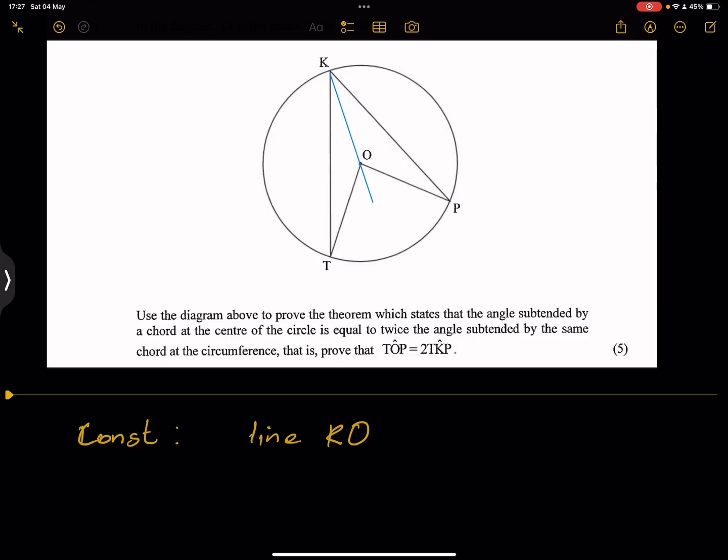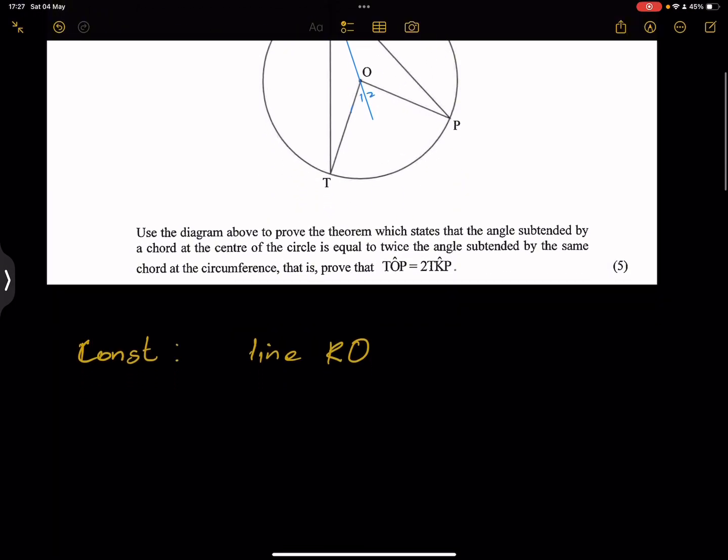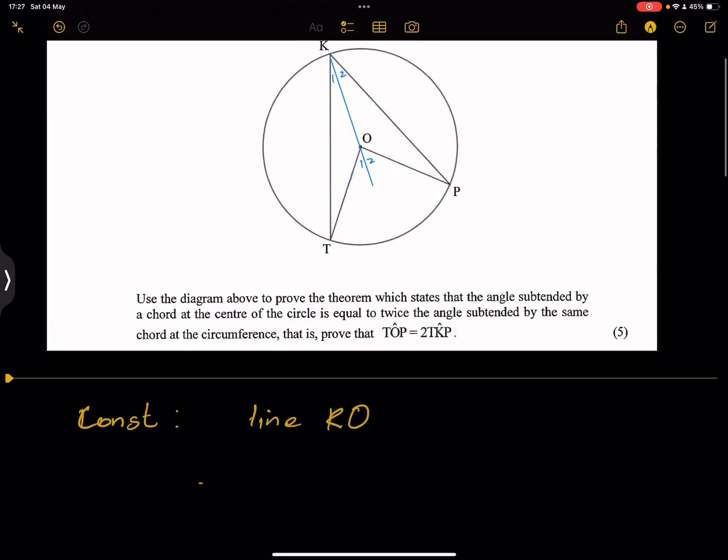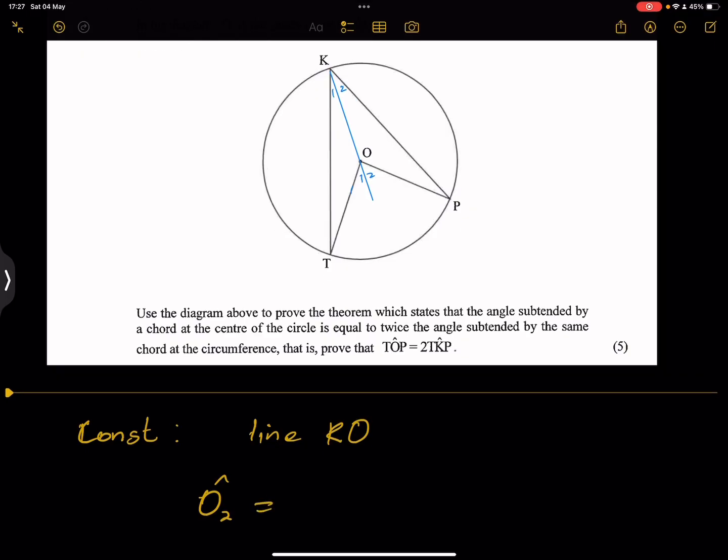Right, now in this case, please note, we're going to have O1 and O2. So I'll have O1 over there, and I'll have O2, and I'll have K1 over there and K2, right? So draw line KO such that angle O2 would be equal to K2 plus angle P, right?